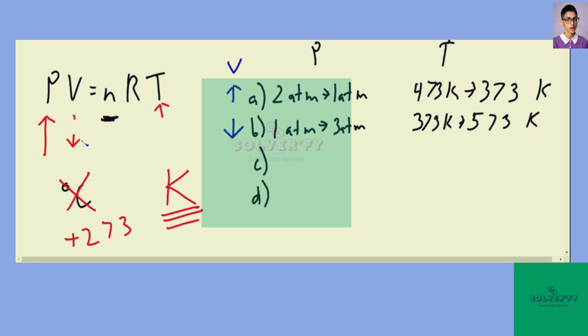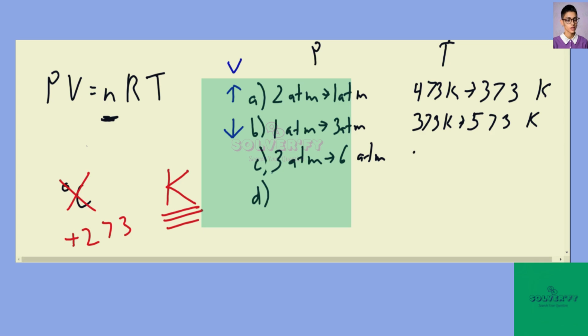Now let's look at this next part. This is one where the temperature might look a little strange in Celsius. We have 3 atmospheres going to 6 atmospheres for the pressure, once again doubling.